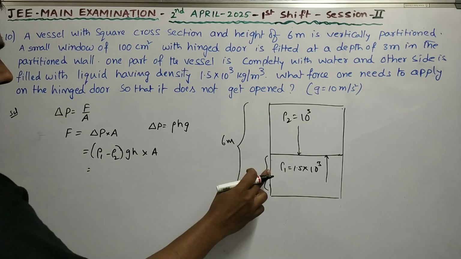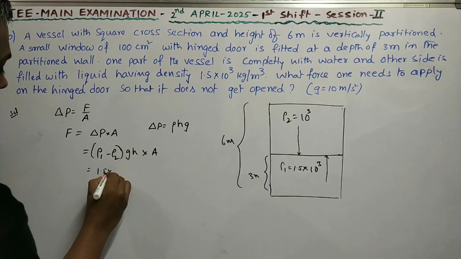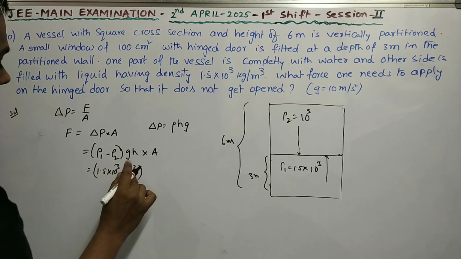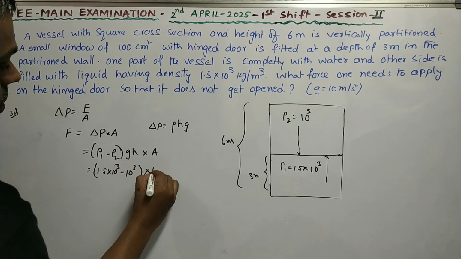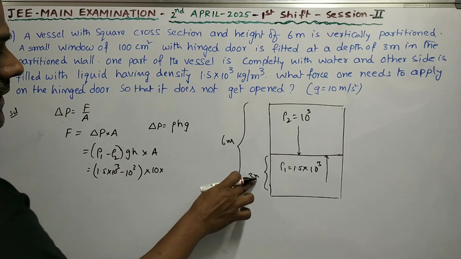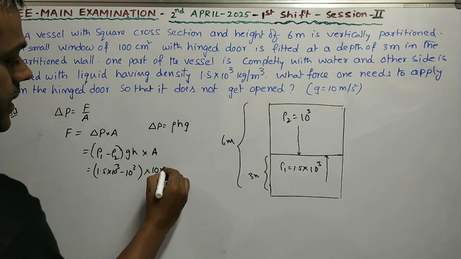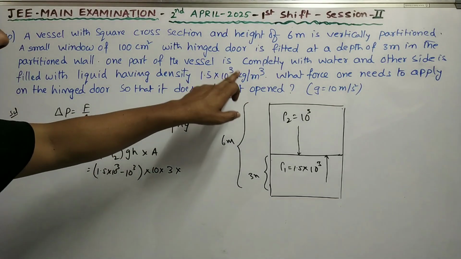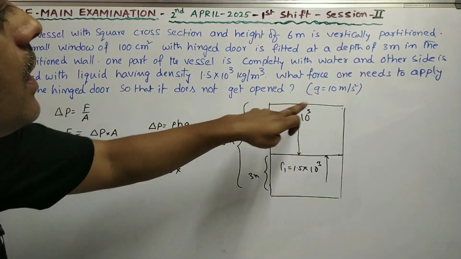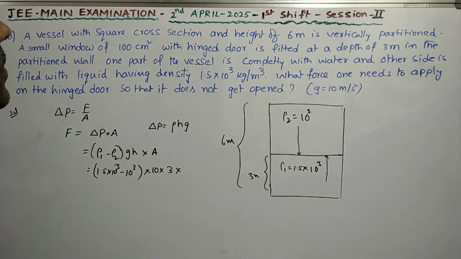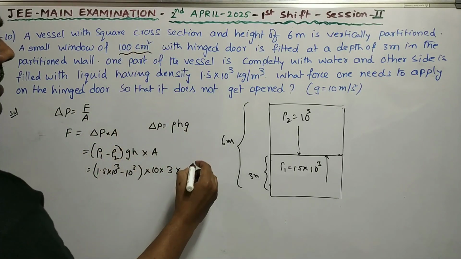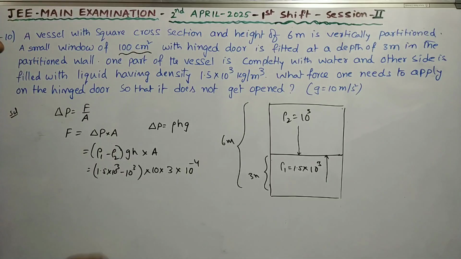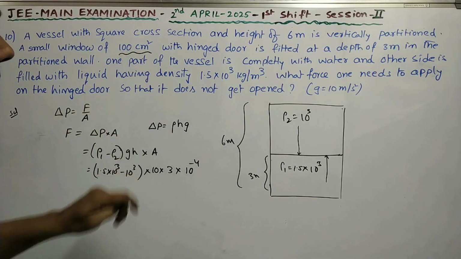So 1.5 into 10 power 3 minus 10 power 3, with g equal to 10, at a height of 3 meter, into the area of cross section of the window, 100 centimeter square, which is 10 power minus 4 meter square.